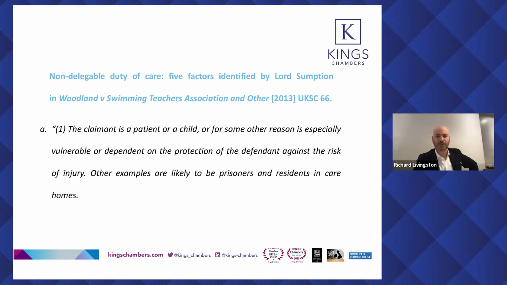Firstly, the claimant is a patient or a child, or for some other reason is especially vulnerable or dependent on the protection of the defendant against the risk of injury. Other examples are likely to be prisoners and residents in care homes.